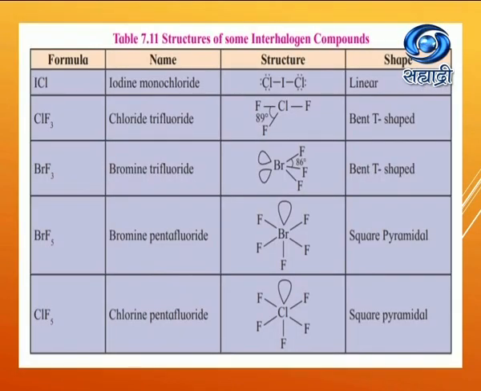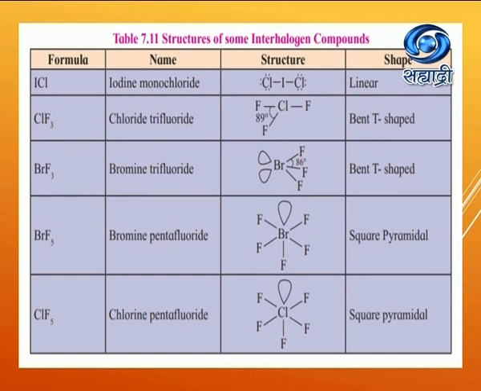So, structures of some interhalogen compounds. Here is the table which gives you the formula, name, structure and shape. Iodine monochloride, formula is ICl, shape is linear. Then chlorine trifluoride, ClF3, shape is bent T-shaped.